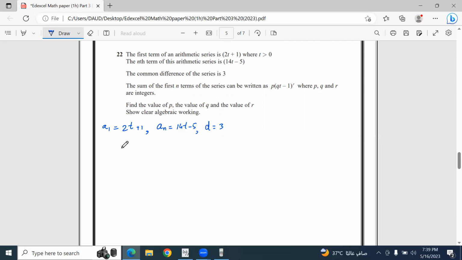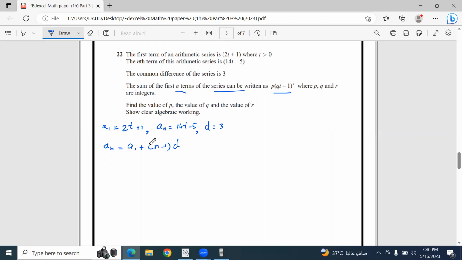We know the arithmetic sequence formula is an equals a1 plus n minus 1 d. In this way, we will try to find the nth term, which will help us in the next step when we apply the sum of the first n terms of the series. At the end we will compare with this to find p, q, or r, whatever they want, the integers.